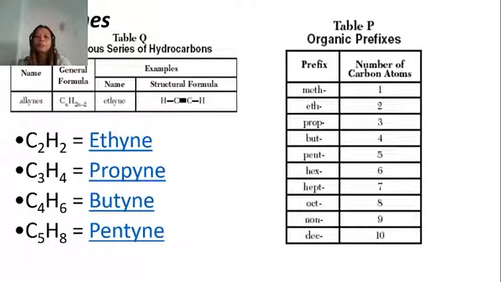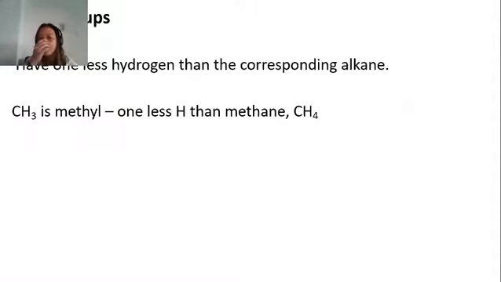So we have still the prefixes. Be familiarized lang. You have the C2H2, ethyne, C3H4, propyne, C4H6, butyne, C5H8. Also, ang aton nga mga general formula, please be familiarized with it because dira kita magsagad sa aton naming ng mga compounds and it will come out surely sa aton nga exam.